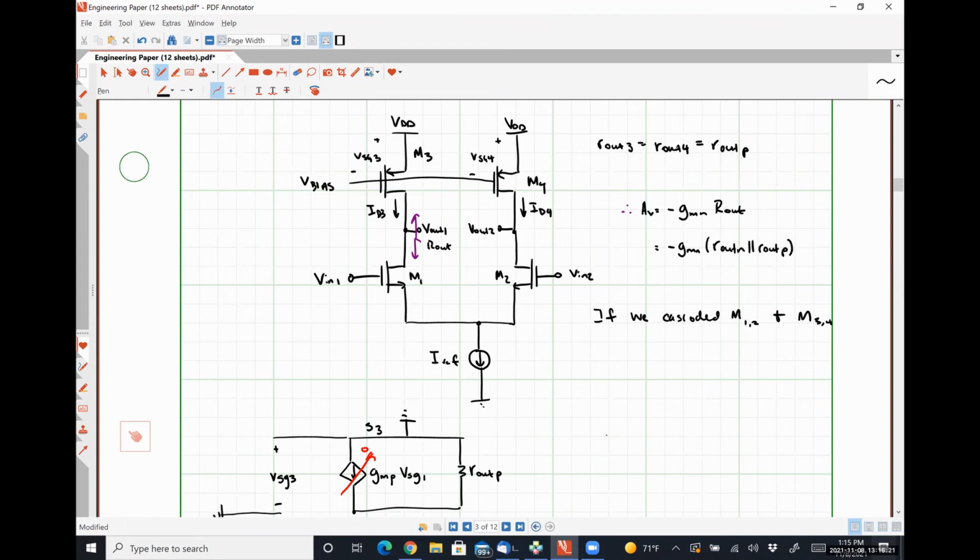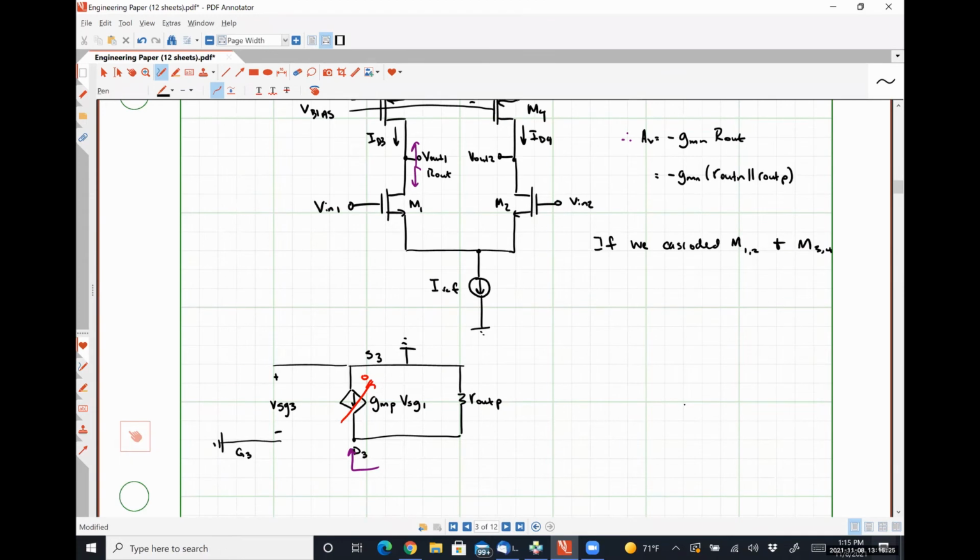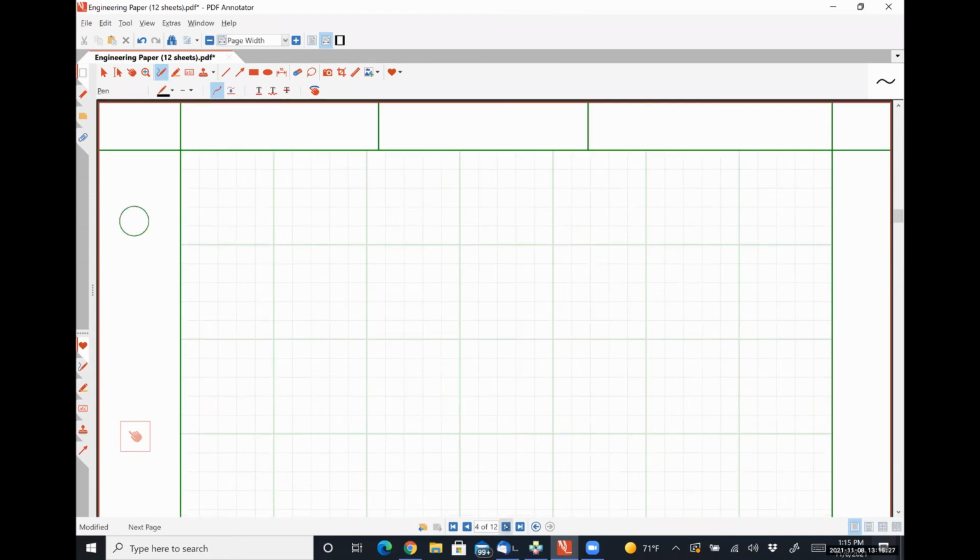So the next thing that I want to talk about is effectively the single stage op amp. More officially, we will call it a differential pair with a current mirror load.